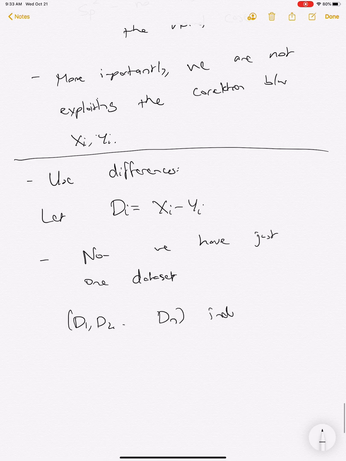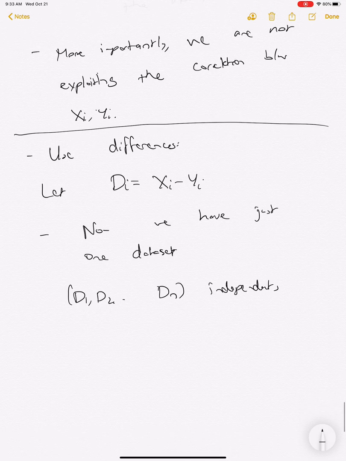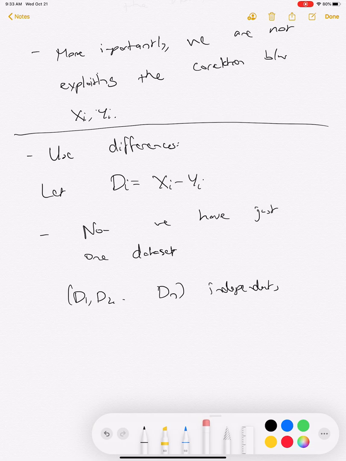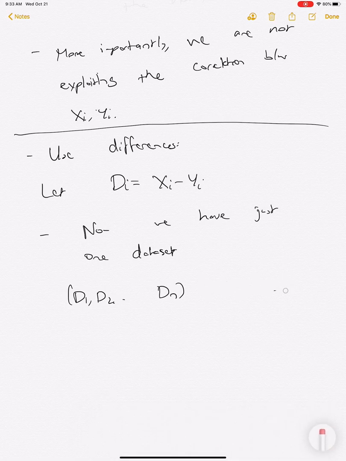These are independent because the xi, yi pairs are independent.